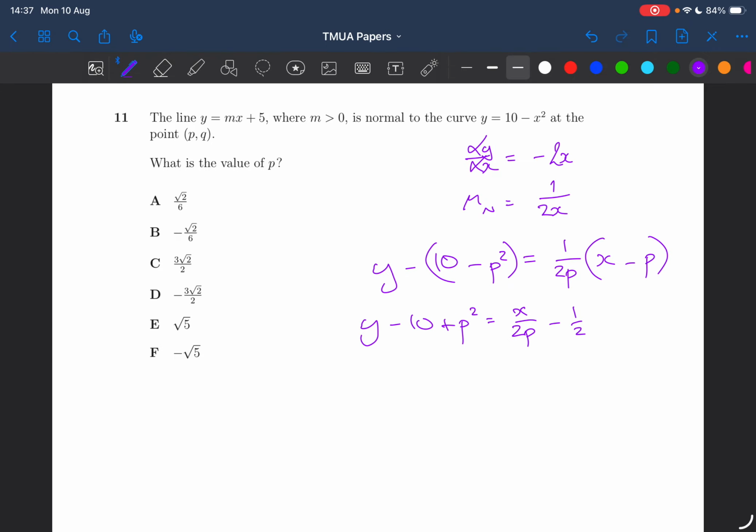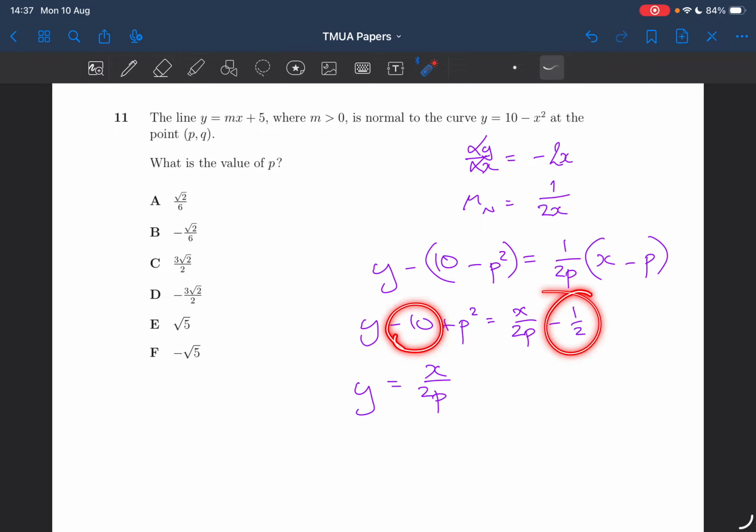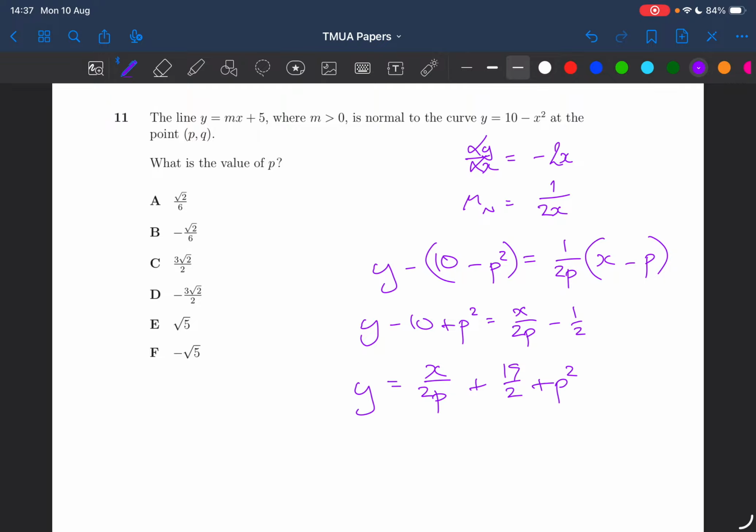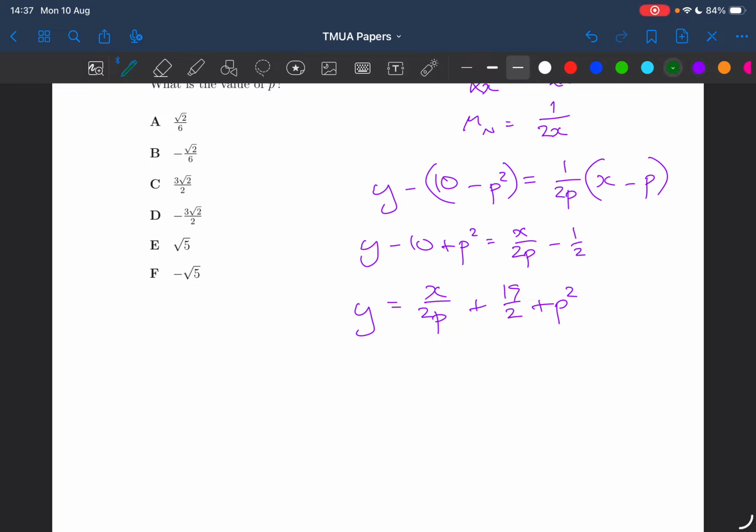So rearranging everything, we'll have y is equal to x over 2p, plus 10 minus 1/2, that's 19 on 2, plus p squared. So we know this stuff is 5. So 19 on 2 plus p squared equals 5.